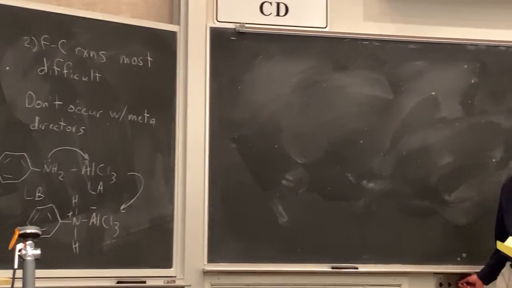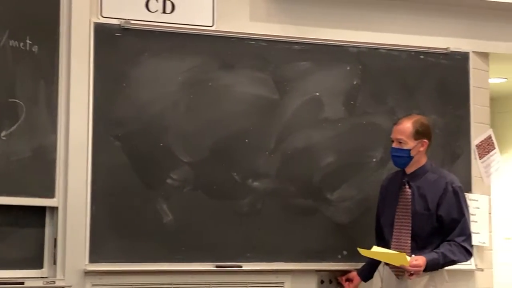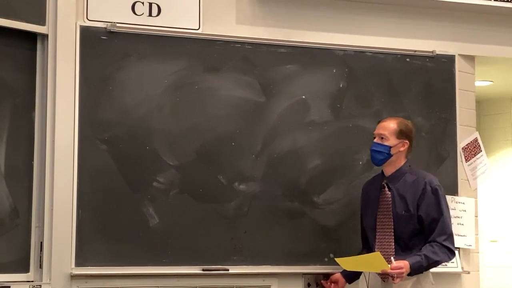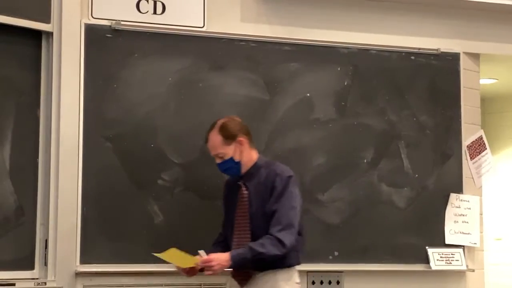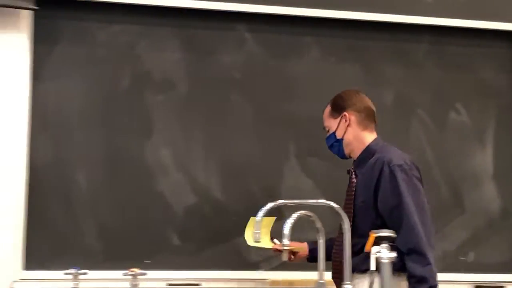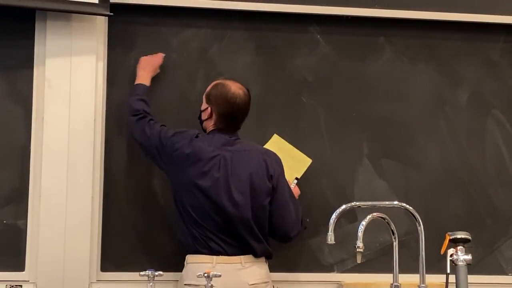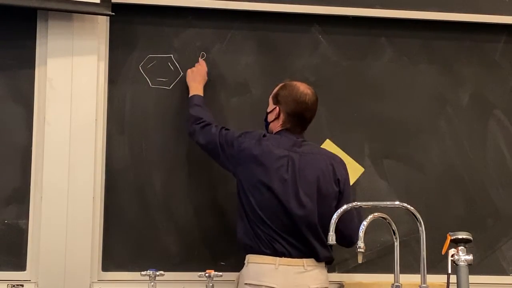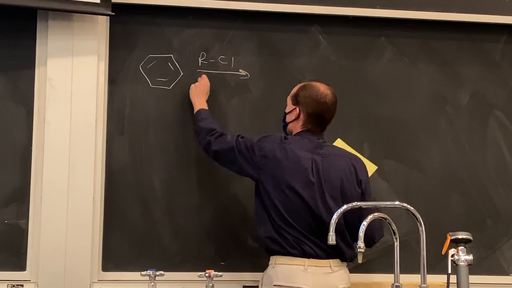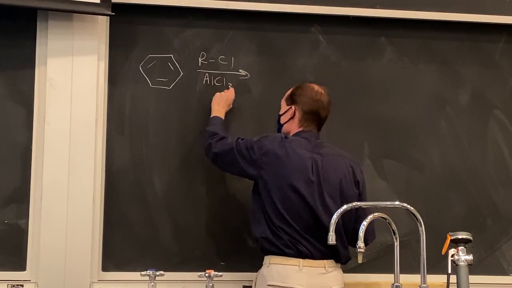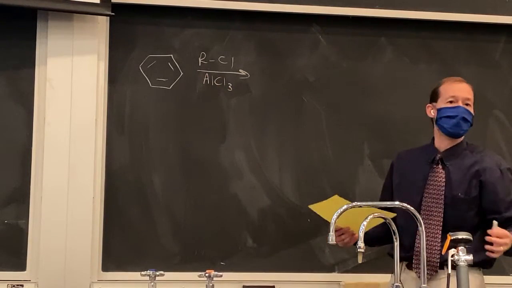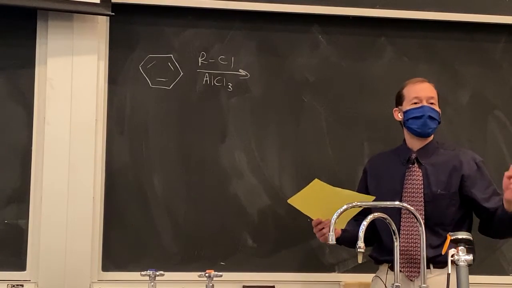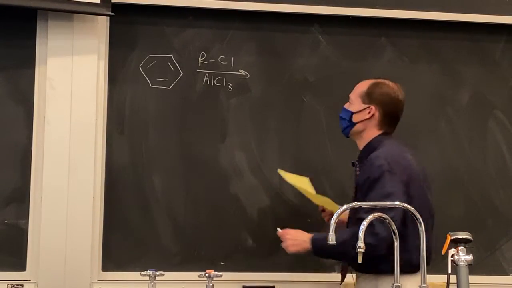Okay. We have another problem with Friedel-Crafts. This is a problem just with the alkylation. And this problem comes from the fact that the Friedel-Crafts alkylation is the only one of our 5 electrophilic aromatic substitutions that adds an activating group to the benzene ring.